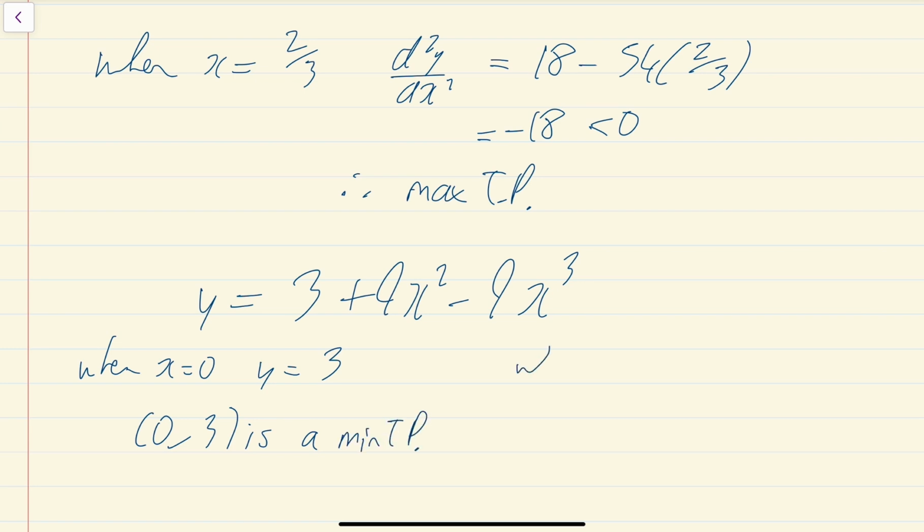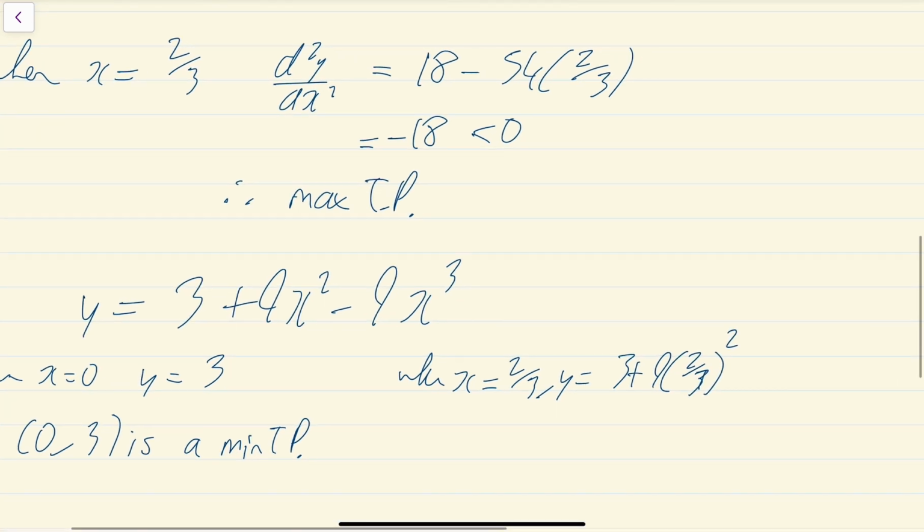And the other one then was when x equals 2/3, your y is going to be equal to 3 plus 9 times 2/3 squared minus 9 times 2/3 cubed. So let's work that out and see what you get.